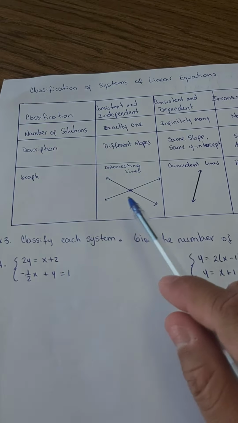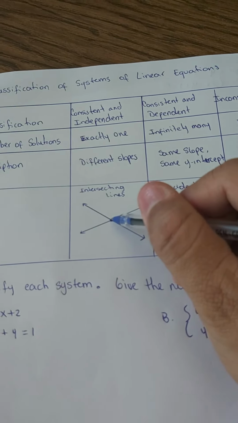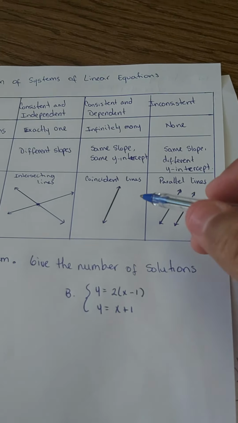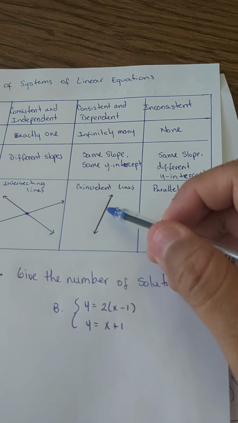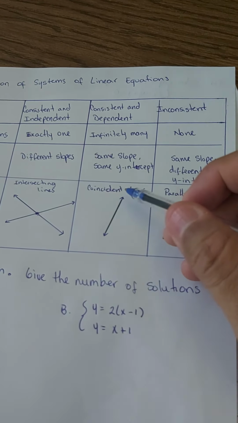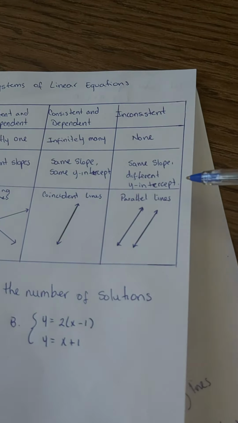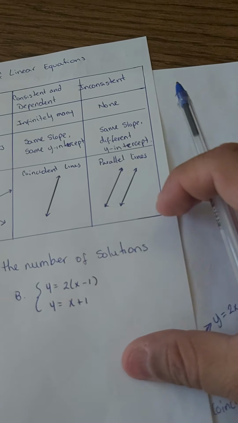For exactly one solution, we have intersecting lines, one solution there. For infinitely many, coincident lines, two lines in the same position. So we have infinitely many points over here. And for no solution, the graph will be parallel lines.